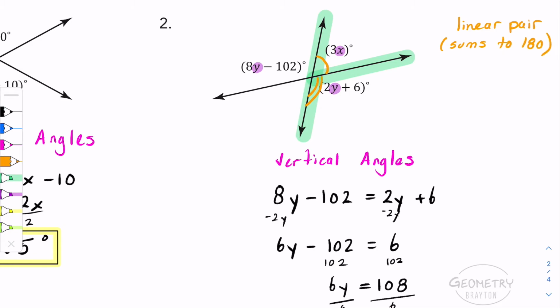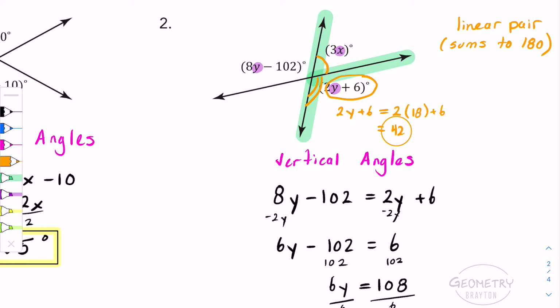We have 3x plus 2y plus 6 is equal to 180. But we can find what this angle is. If we substitute our y value of 18 into 2y plus 6, we have 2 times 18 plus 6. And 2 times 18 is 36, plus 6 is equal to 42. So this angle is 42 degrees.